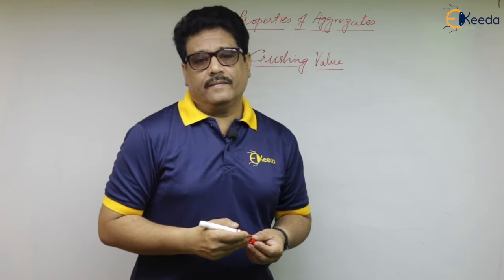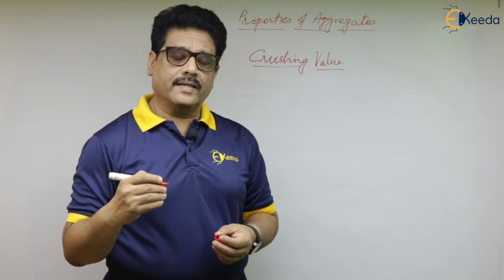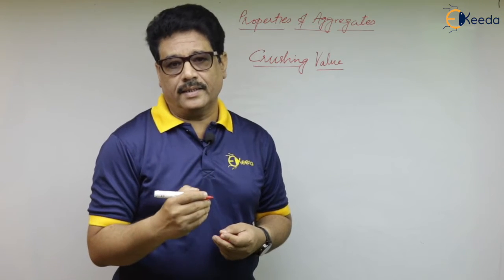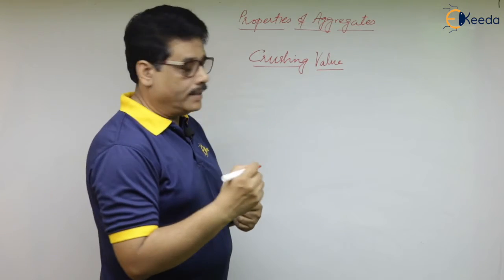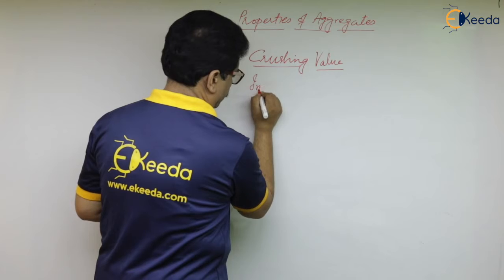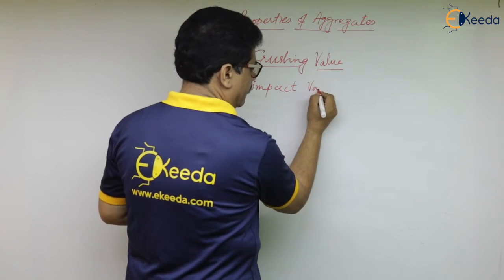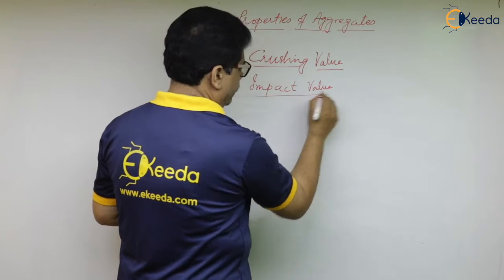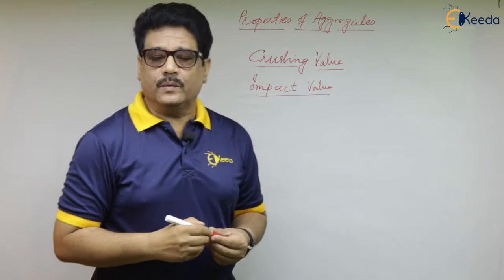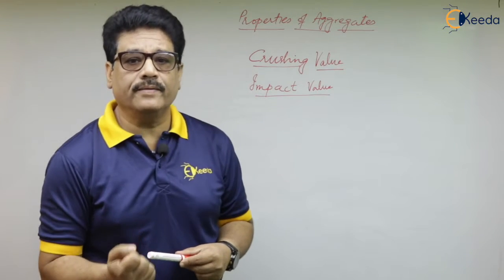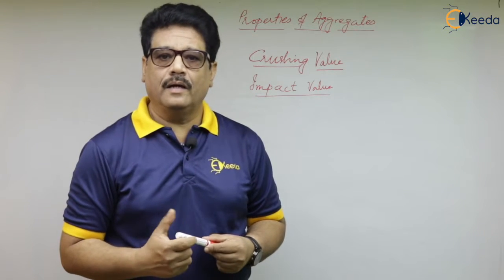Again, there is another type of destructive force that can come on the aggregates, that is called impact. And therefore the property is also known as impact value, by which we can judge the toughness of the aggregates.